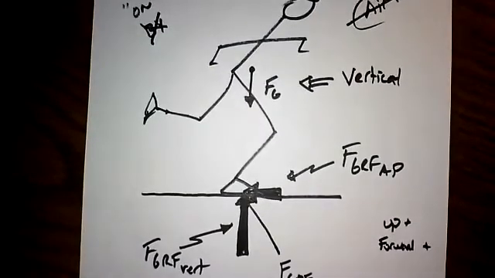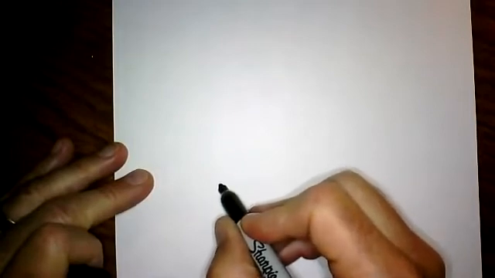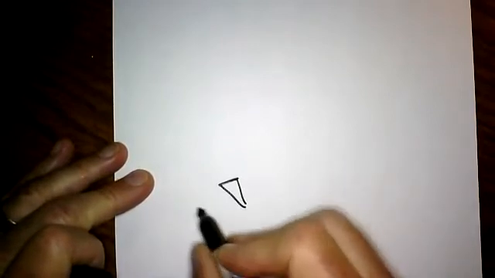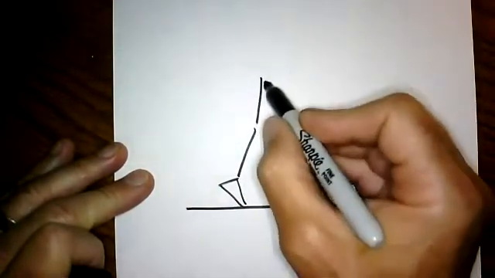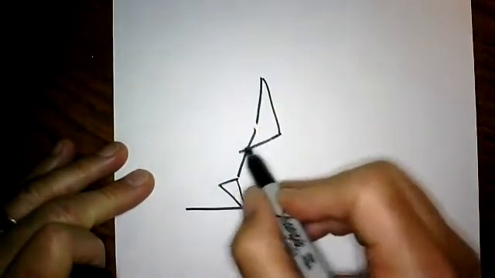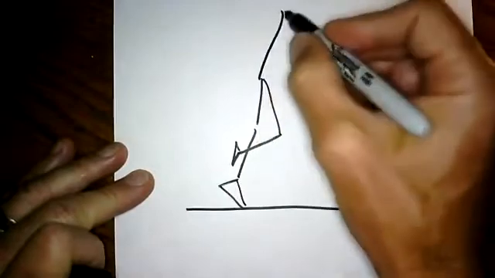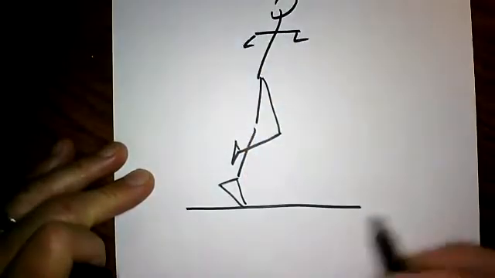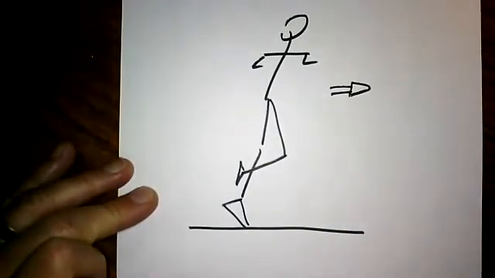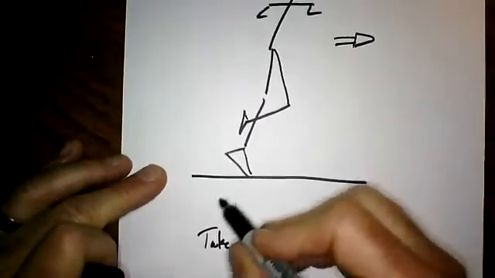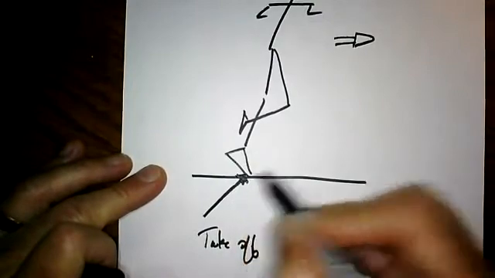If I take another piece of paper and draw out a runner later in stance, where the person is close to takeoff and is swinging the other leg forward, the person's moving in this direction. That's not a great picture, but this is close to takeoff. The resultant ground reaction force will actually be pushing in this direction.